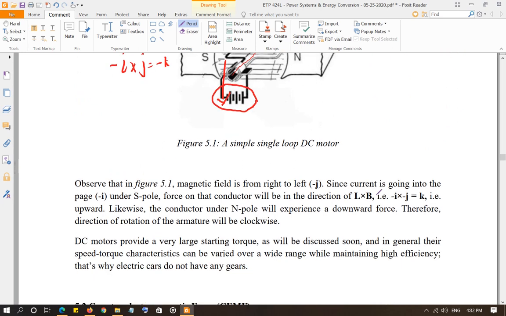And it's going to run with a specific speed, as we are going to discuss. Initially, of course, when there is no current flowing, that state is called the resting state. And then as soon as current starts flowing, forces start acting, and then it starts rotating. Slowly it accelerates up to a point, which we are going to discuss next.